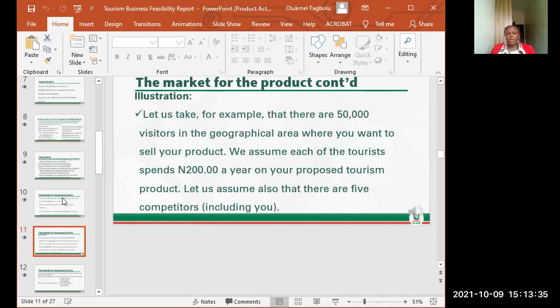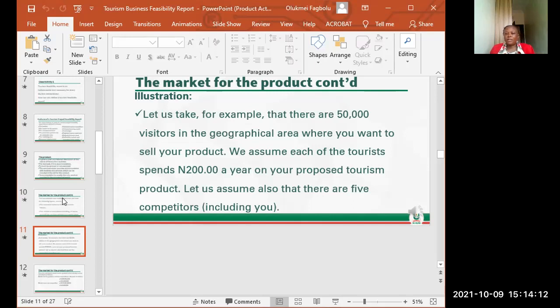For example, let us assume there will be 50,000 visitors in a particular area where we want to be selling that product, and that each of them will spend nothing less than 200 naira a year. And let us assume again that all the competitors, including the new person that wants to venture into that sector, are 5, just as an example.